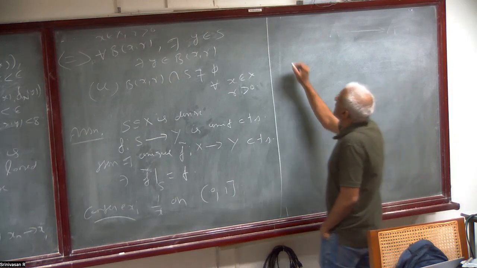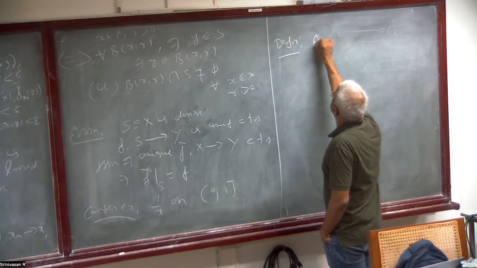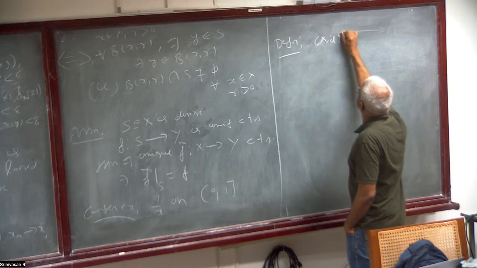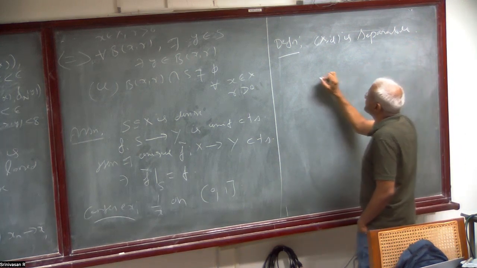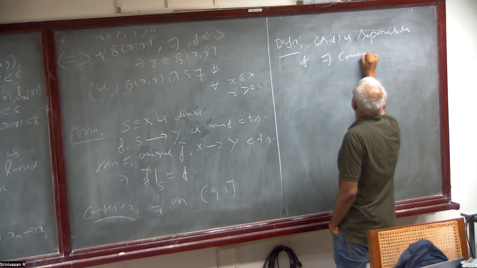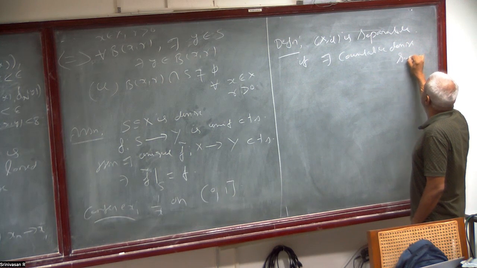Now another definition. A metric space X is separable if there exists a countable dense subset.